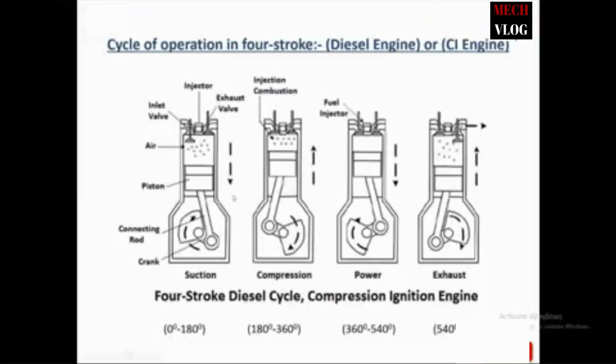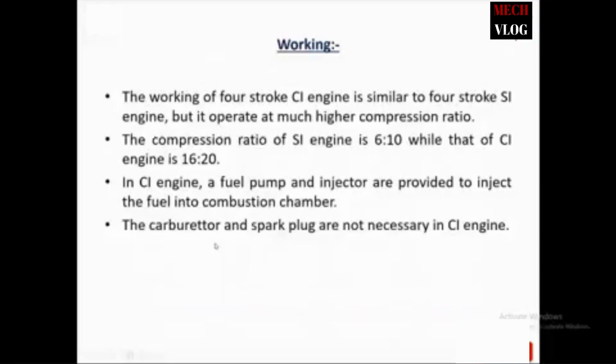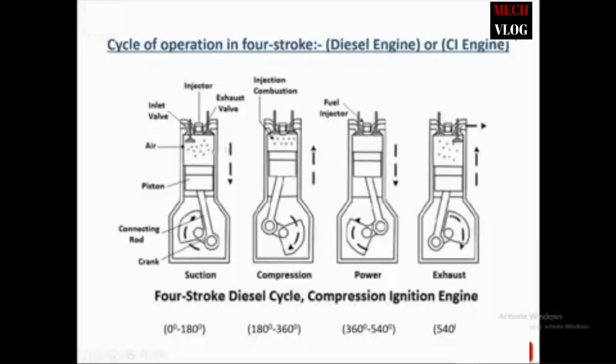Again, in the 4-stroke diesel engine, we get power from 4 strokes of the piston, that is 2 complete revolutions of the crankshaft. The components of this 4-stroke diesel engine are piston, connecting rod, crankshaft, crankcase, and intake valves and exhaust valves.